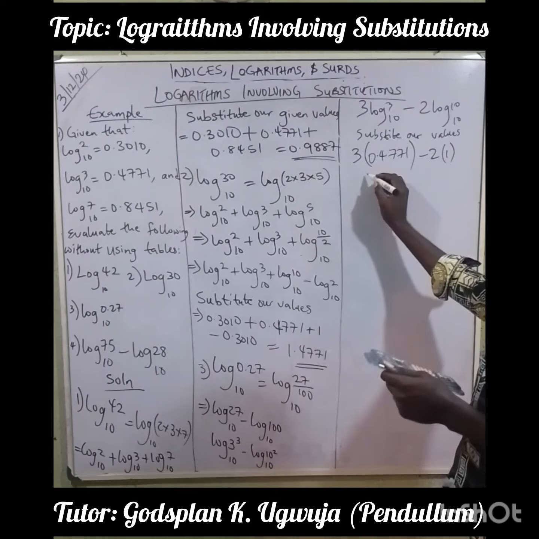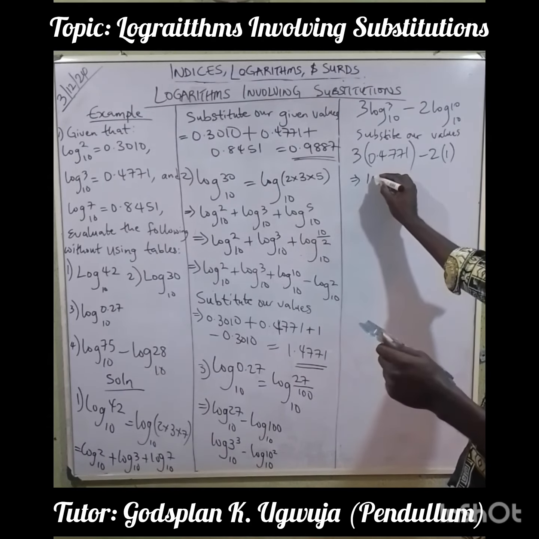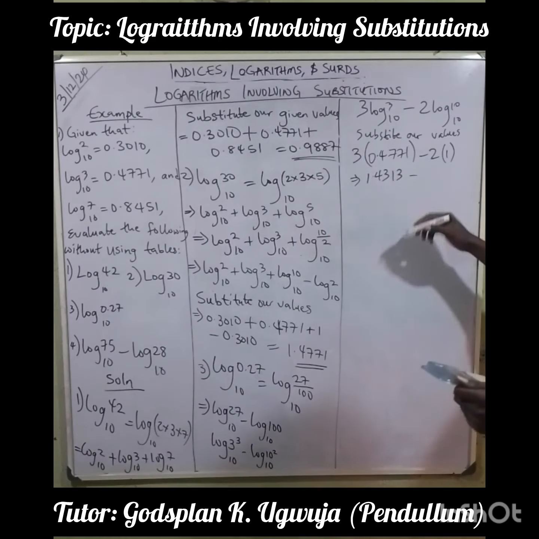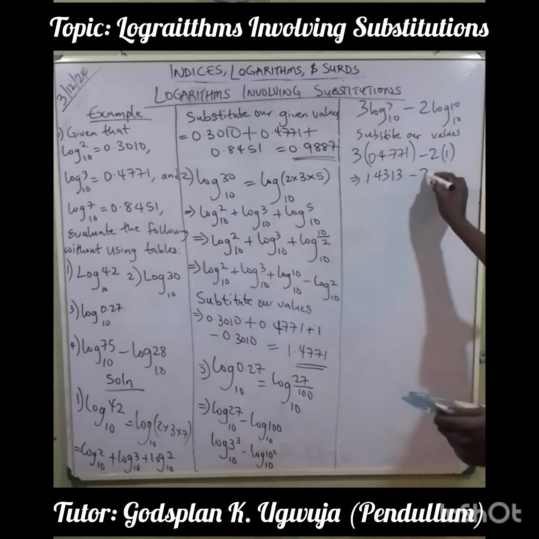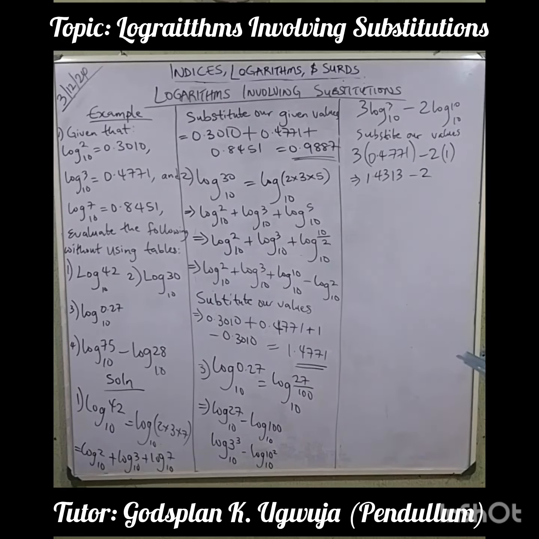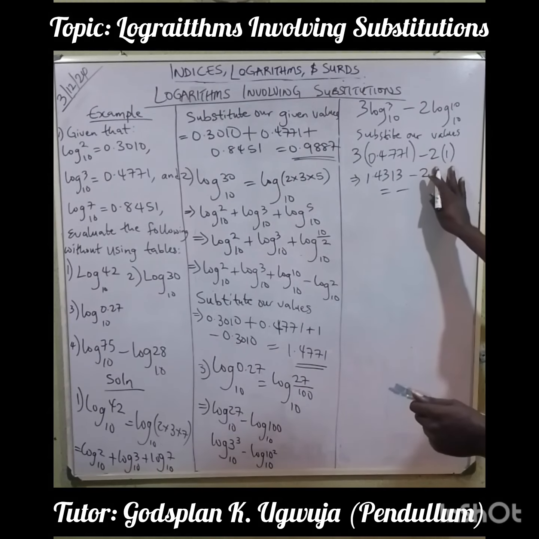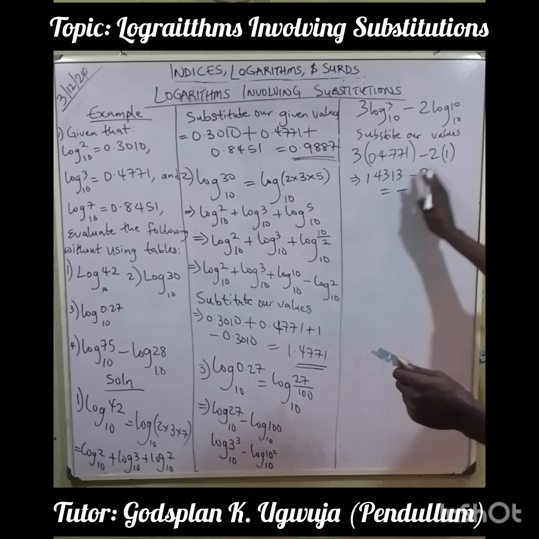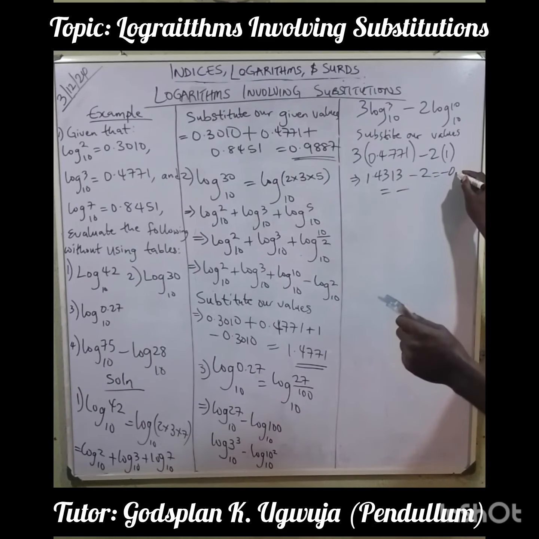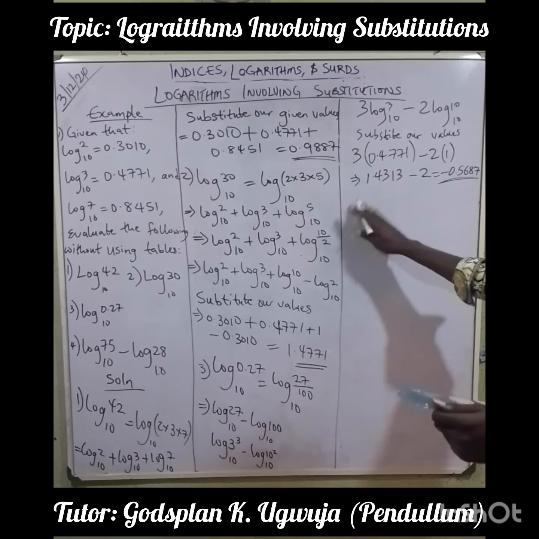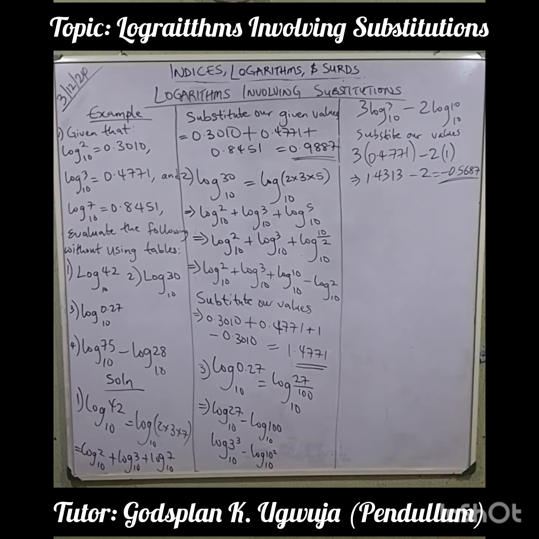Okay, so this is 1.4313 minus, please do this together with me so that we can confirm it, minus 2, and this will give me minus 0.5687. Right? So the answer to this question is minus 0.5687.